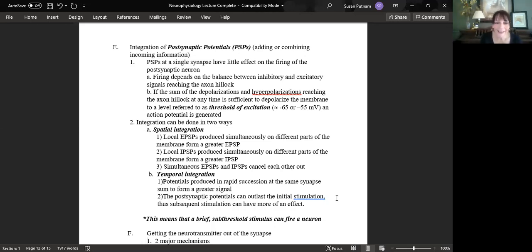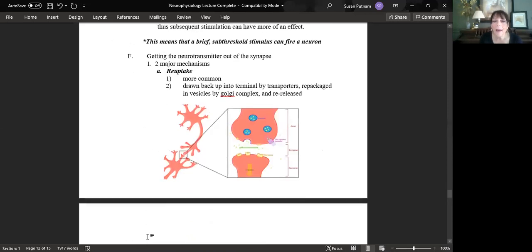Anyway, I digress. So now we have these neurotransmitter molecules floating around here in the synapse, moving up here and moving down here in all that extracellular fluid.